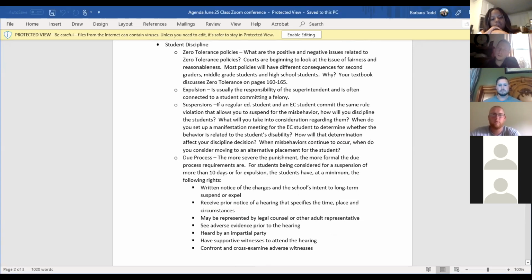And the other thing I want you to think about is, when you are a classroom teacher, and this is something most classroom teachers don't understand, about the only forms of discipline a principal has that a classroom teacher doesn't have are in-school suspension and out-of-school suspension. Expulsions are usually left to the determination of the superintendent.